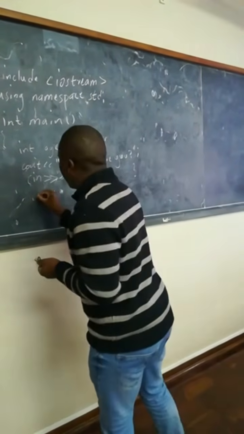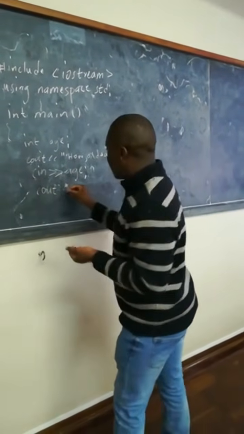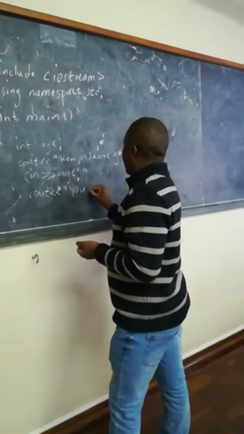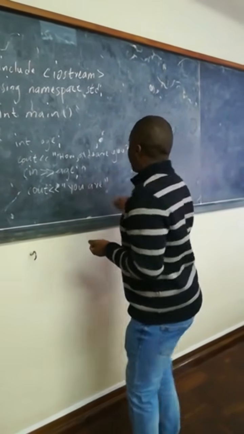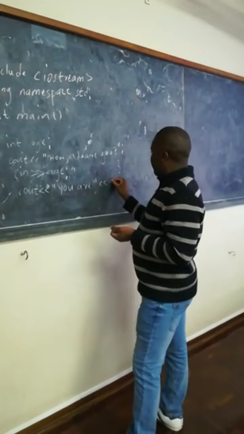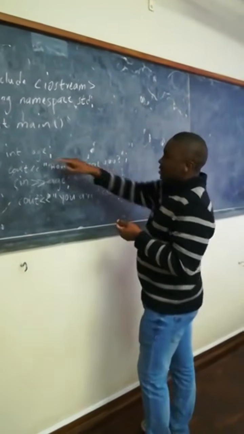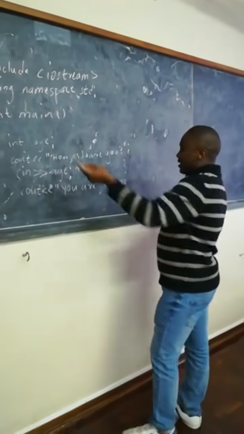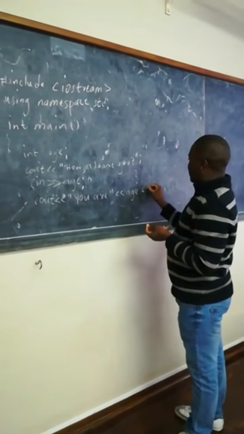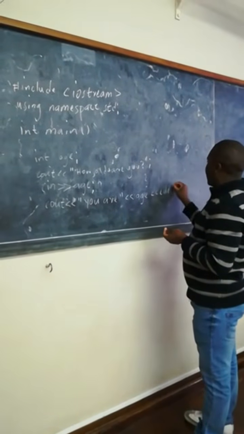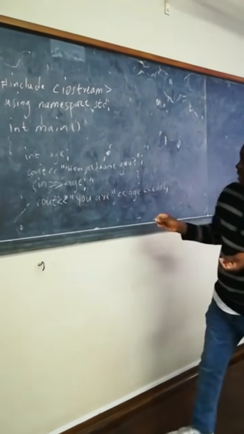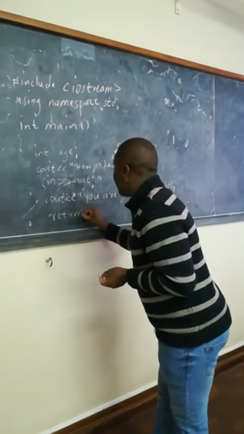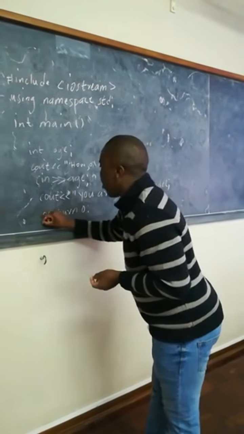After this, I can say cout, you are, in quotation marks, then I write age because it has already been declared. So this statement is a declaration statement. Then I say age, endl. Return 0, don't forget return 0 always. Return 0 semicolon. Then I close the brace.